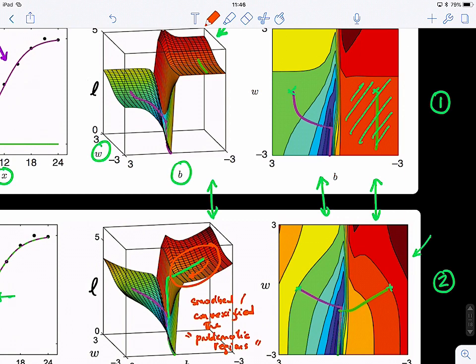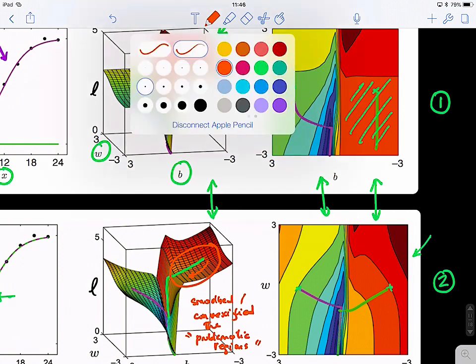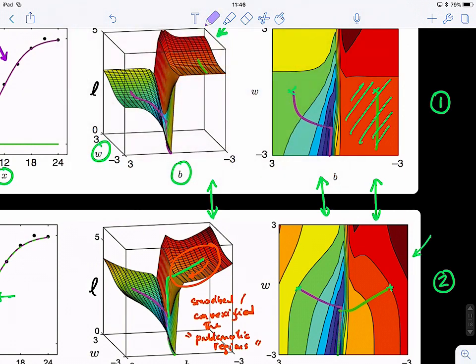You can see this for the purple one: it used to go slightly down and then curve downward, but here it's much smoother. It's basically rolling down smoothly, right?